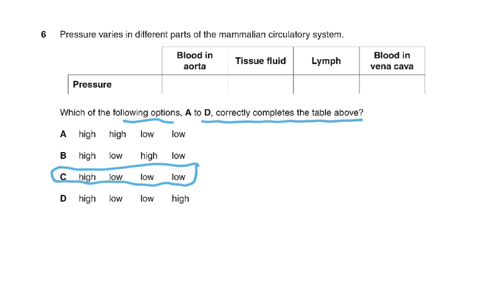Because the aorta has the highest pressure, and then everything has to be less than that. So all of them would be low. It's a little vague, this question, but basically all the pressures are going to be low. There was no medium, there was just high and low. So high would only be in the aorta, and the rest of it all would be, of course, lower than the aorta. That is why it's a little bit of a poorly made MCQ. So the question 6, the answer was C.